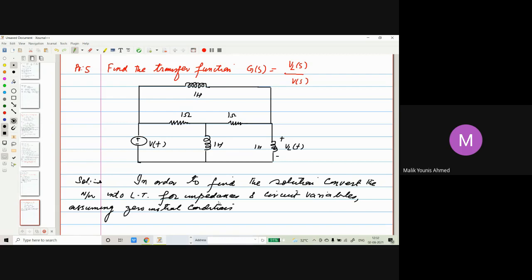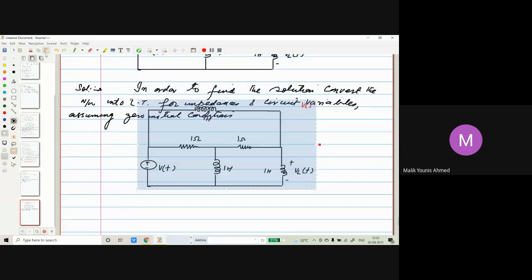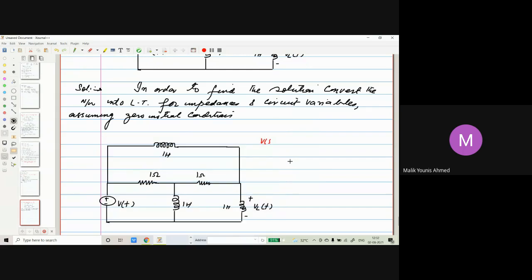Now let's copy this figure. Okay, now let me write the values first. This will be S, LS, because L is 1.